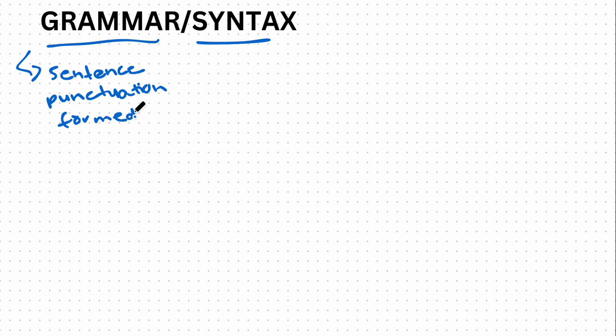And syntax is very much the arrangement of sentences. It's the structure of the sentences so that it makes sense.